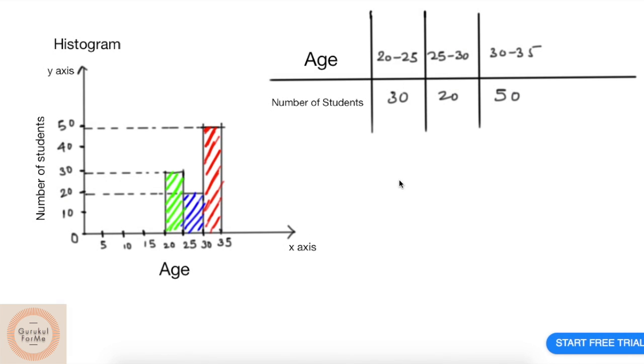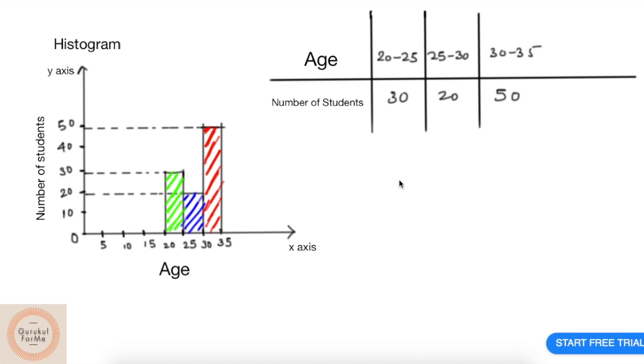Now, what exactly is a histogram and why is histogram required? It is definitely a bar graph. Now, in this histogram, we have drawn x-axis versus y-axis. X-axis is the age of students and y-axis is the number of students.